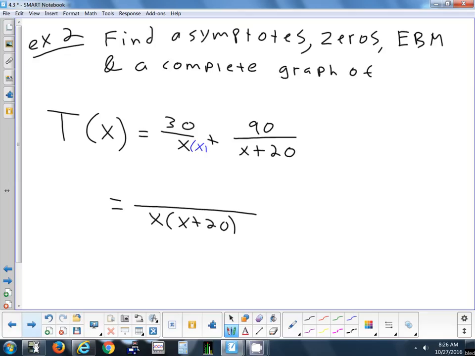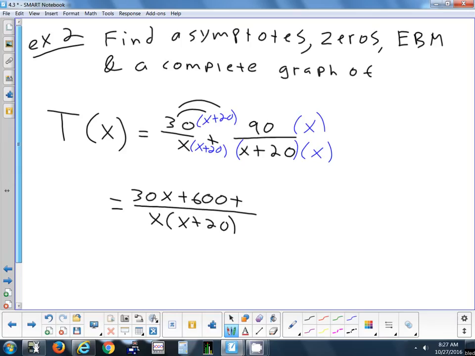This one's missing x plus 20, and this one is missing the x. All right, so the denominators are already done, x times x plus 20. What about my first numerator? It's going to be 30x plus 600.